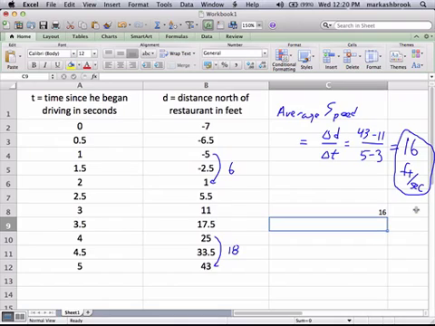So what does this number mean, 16 feet per second? Is 16 feet per second a changing speed or a constant speed? A changing speed? What did it change from what to what? It's always 16. That's a constant rate.